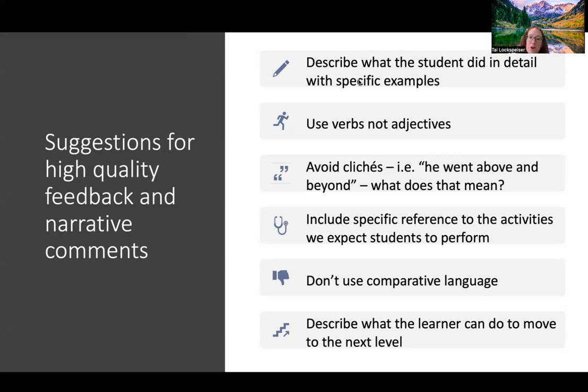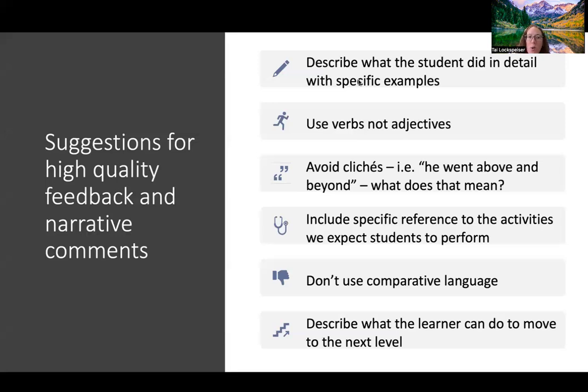This means using verbs and not adjectives, avoiding cliches, and including specific reference to those activities that we expect the students to perform. You'll know that you're doing this well if you note that you're describing specific patients or scenarios and that your comments include examples relevant to your specialty.